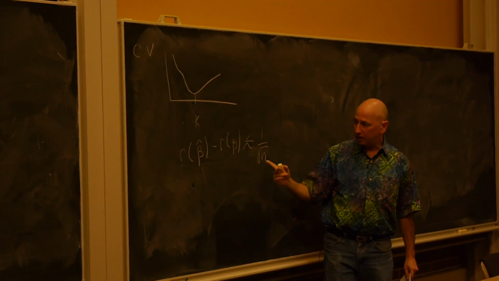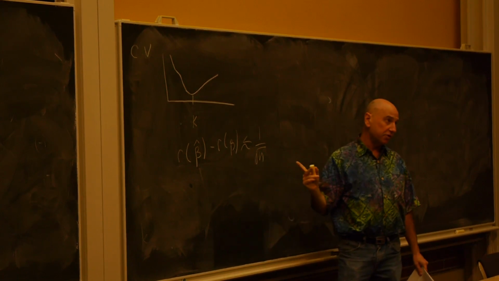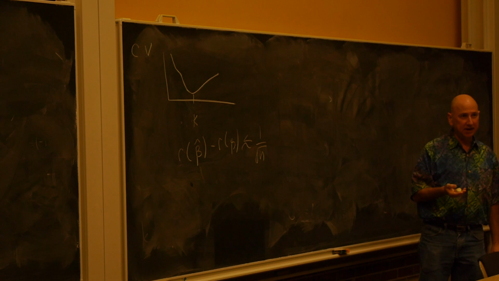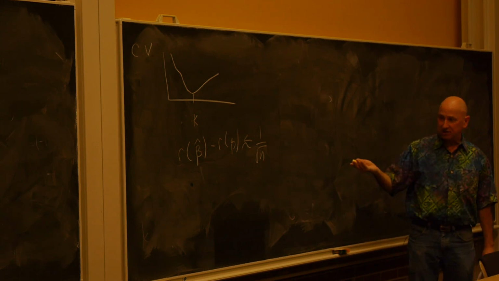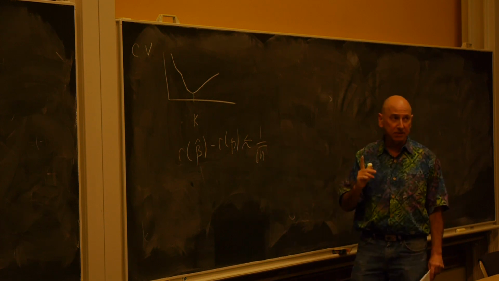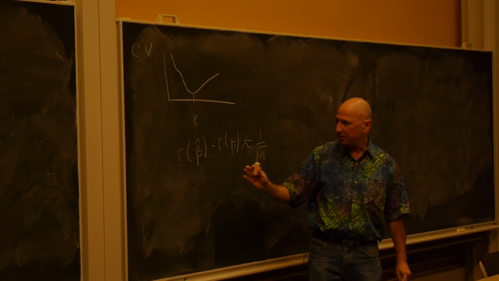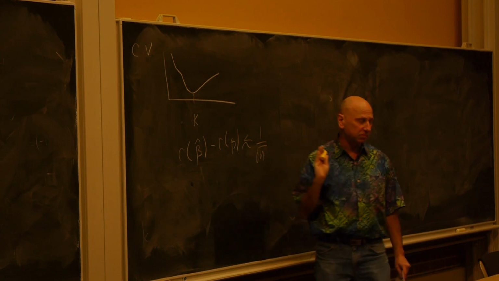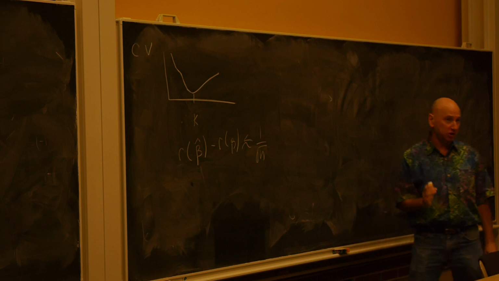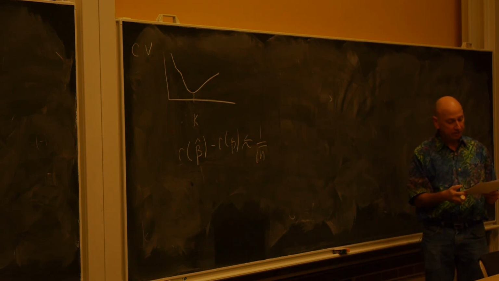So back on the original scale, if I took the square root of this, this would be like 1 over n to the 1/4. People call that the bad rate, but it's not really bad. First of all, it's dimension independent, which is pretty amazing. Although we're not talking about estimating the true regression function, we're talking about getting close to some oracle, which I'll explain in a minute. But it's also minimax. You can't beat this under general conditions. You can beat it, though, if you add more assumptions.